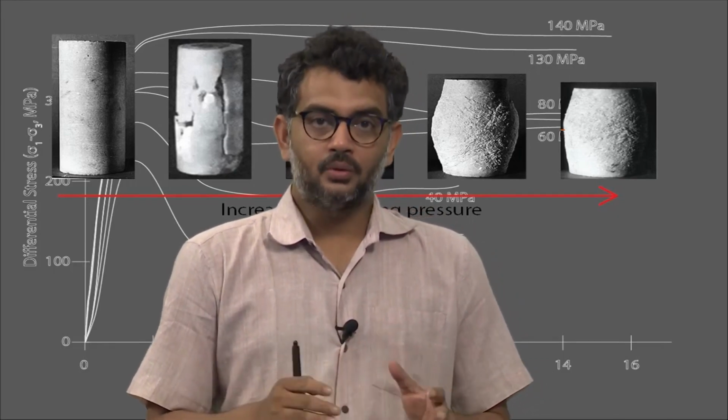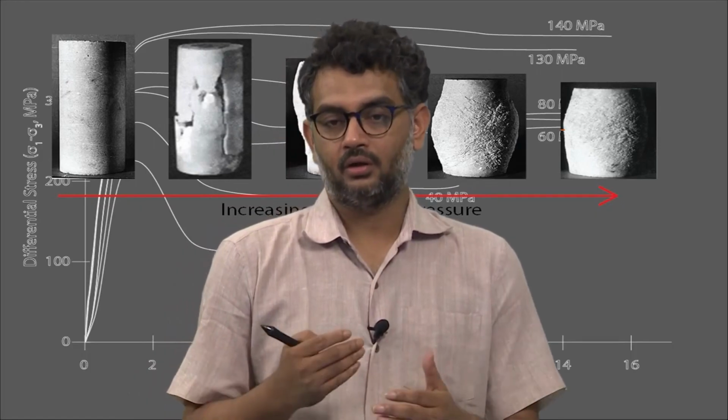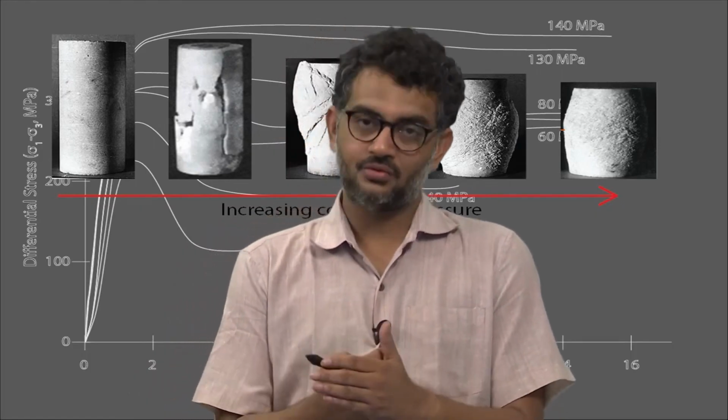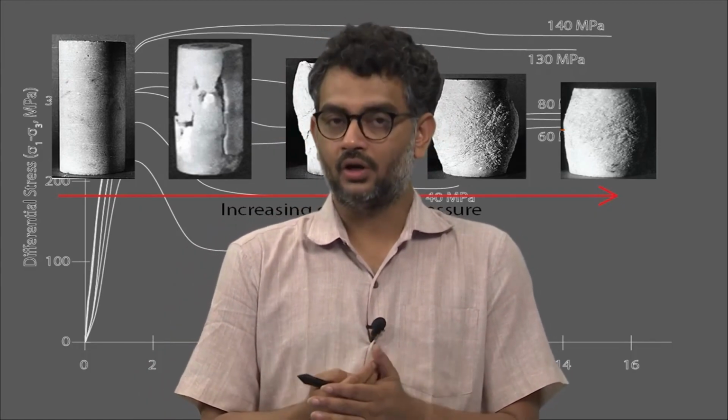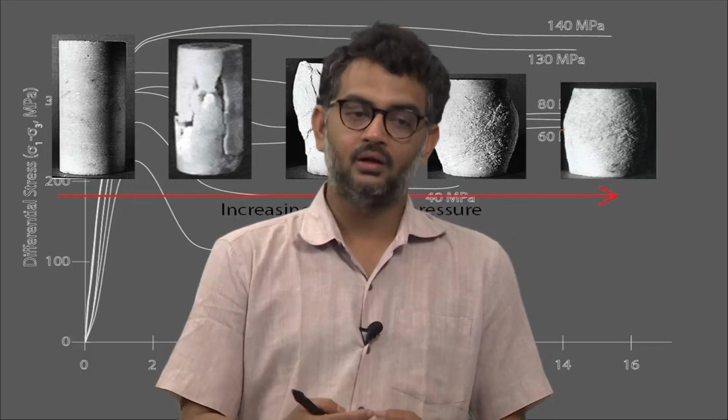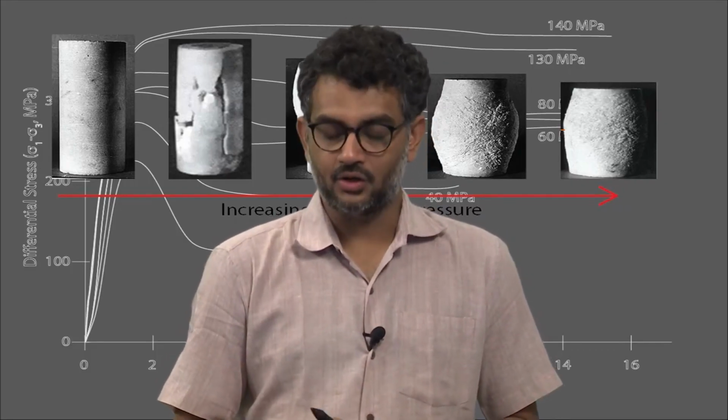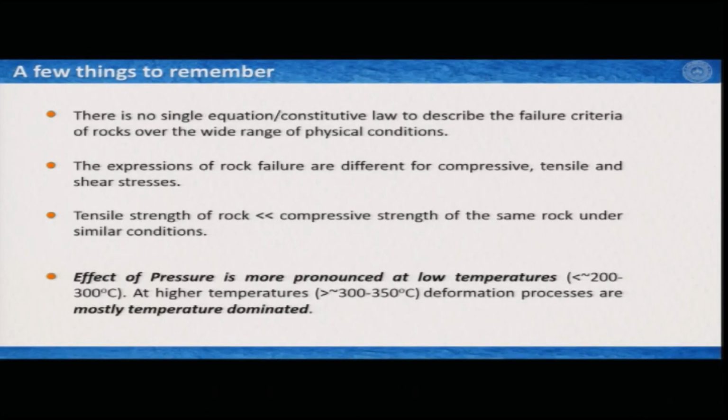There is also one very important thing to remember, that if you are applying compressive stress, then the strength of the rock is much higher than under tensile conditions. So, all these statements are some sort of prerequisites in understanding the flow of rocks at different pressure and temperature.